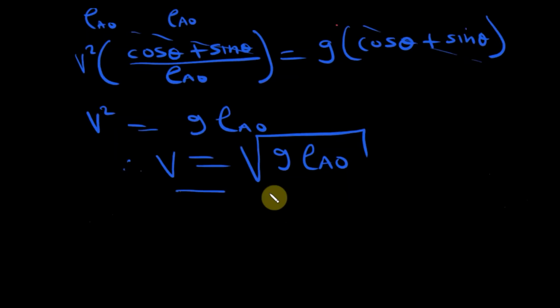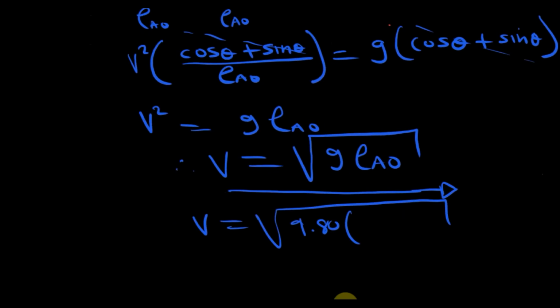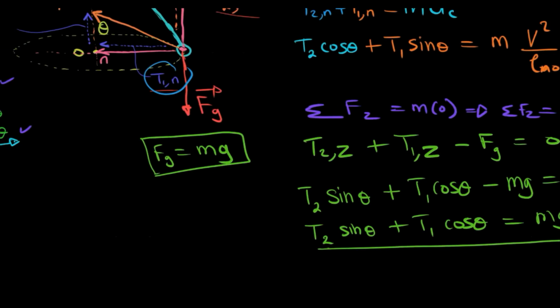So that's our velocity when the tension in the wires is the same. So this will give us this velocity. So let's evaluate it. To evaluate it, we'll just substitute the values. We'll take g as 9.80 and LAO, we found that one to be what? What was LAO?